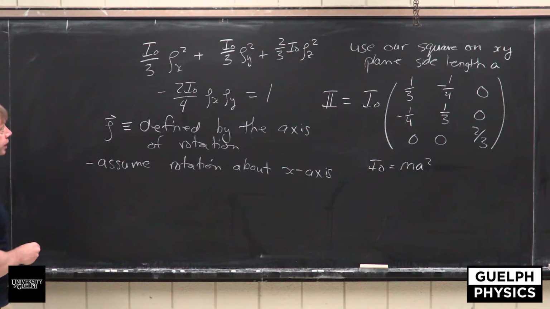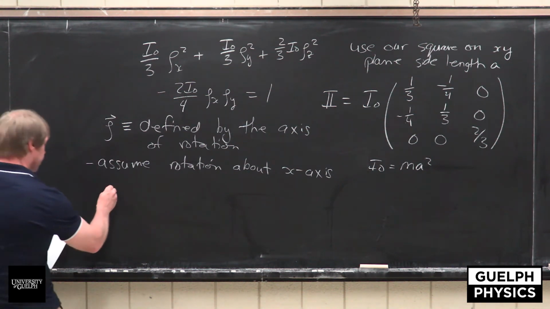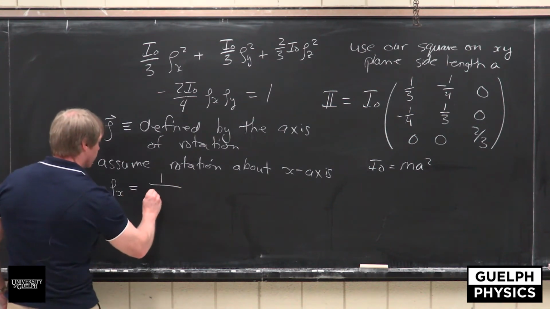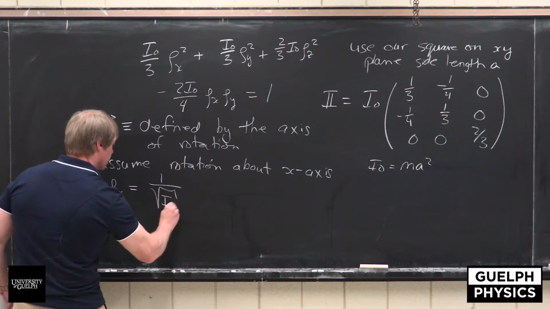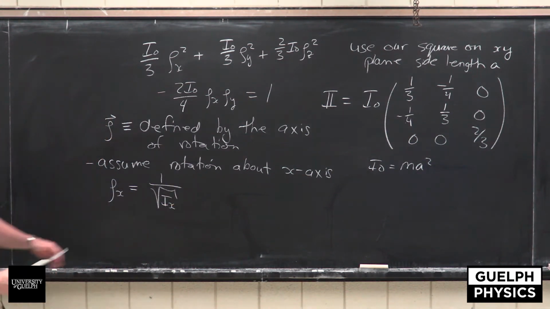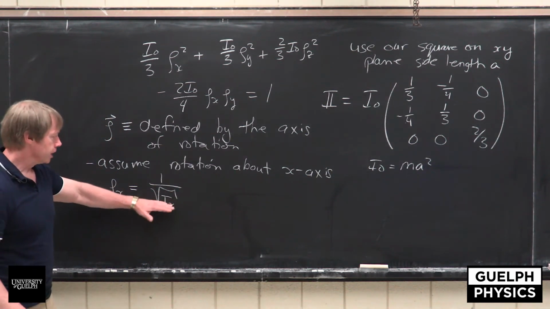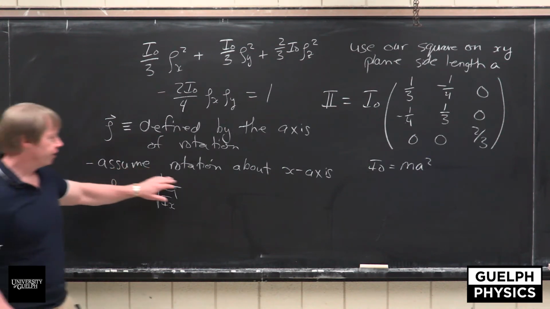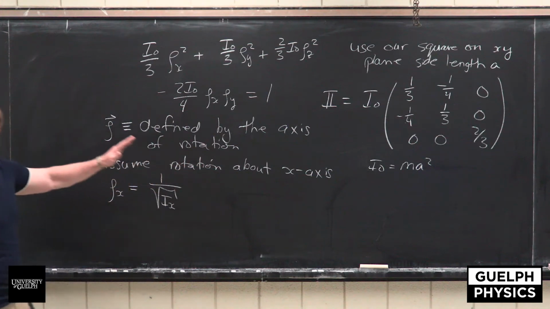So in this particular case, if it's a rotation about just the x-axis, then rho x becomes 1 over root Ix. So this is always the moment about the rotation axis. Cosine alpha becomes 1.